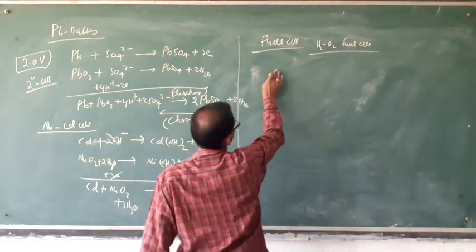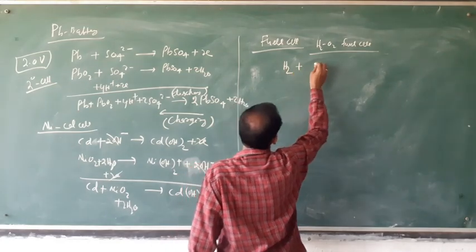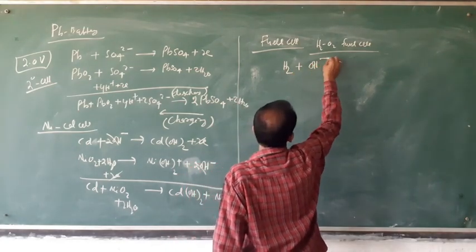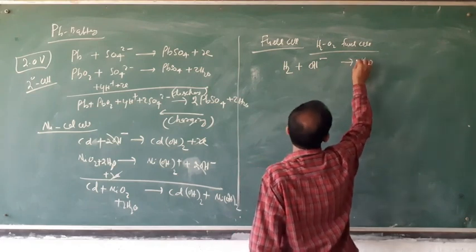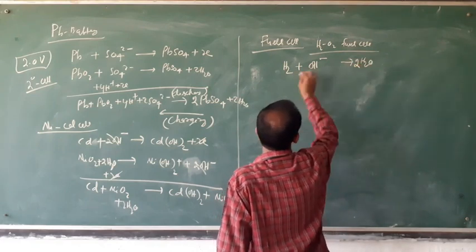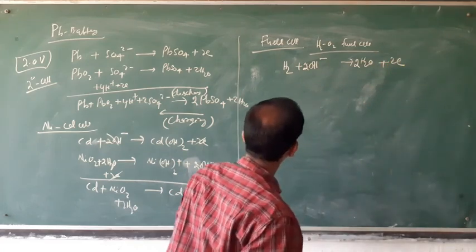In a hydrogen oxygen fuel cell, generally hydrogen in presence of OH minus converts to water plus 2 electrons.